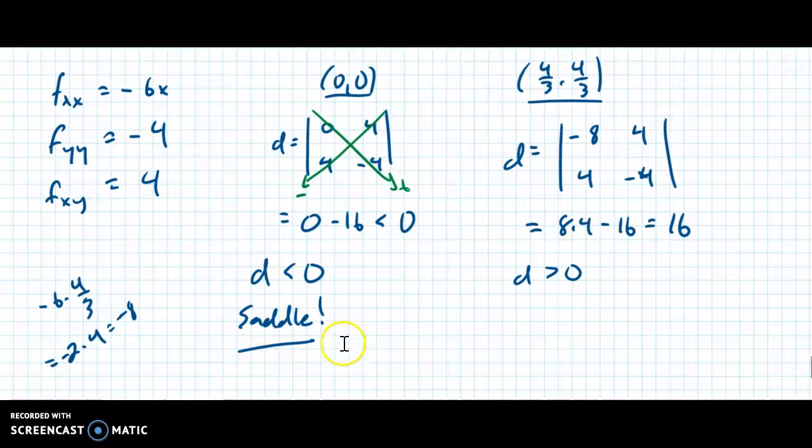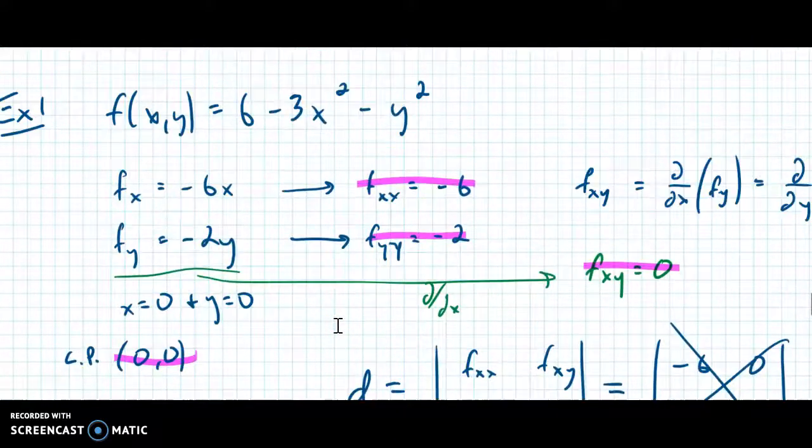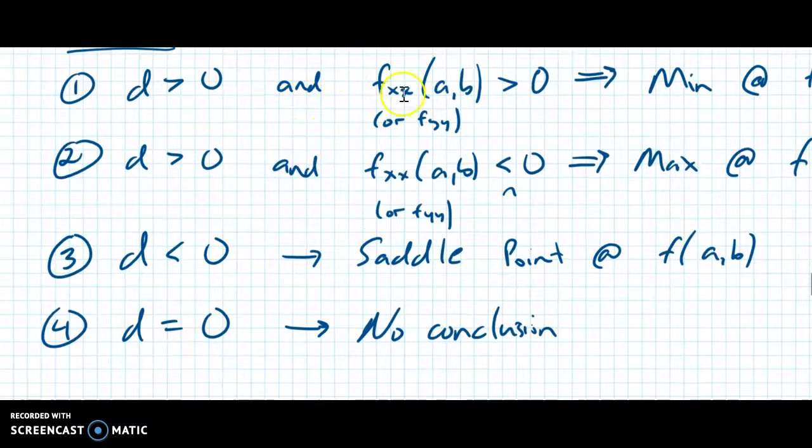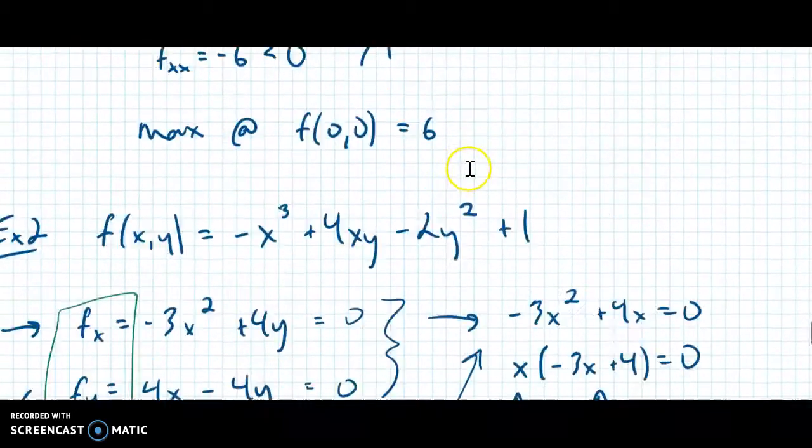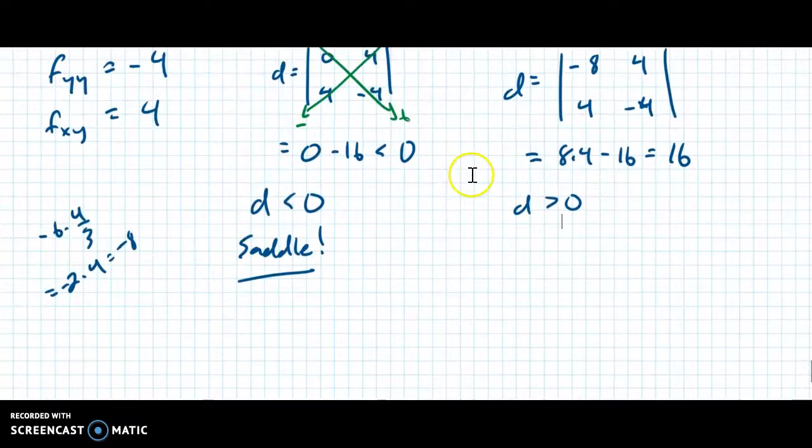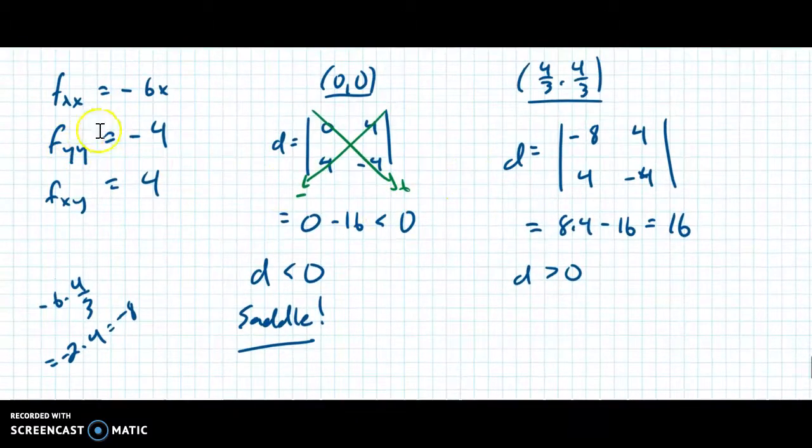So I'm not going to get a saddle. Let me go up here. It's one of these two cases, so now I've got to inspect f_xx or f_yy. Which one's easier? Oh, look, I already have f_yy. It's just negative 4, which is less than 0.